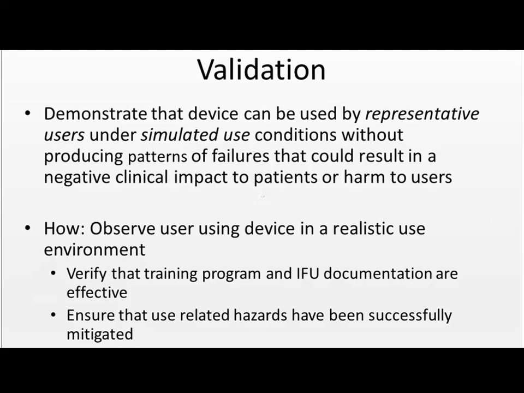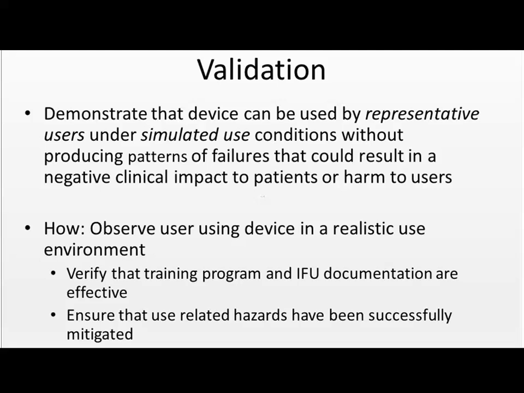is for you to be able to make this statement and defend it with data. So you're going to make a qualitative statement about the safety and use of the device, and you will defend it with the data that you obtained from your testing. So how do you do this? You observe the user using the device in a realistic use environment.